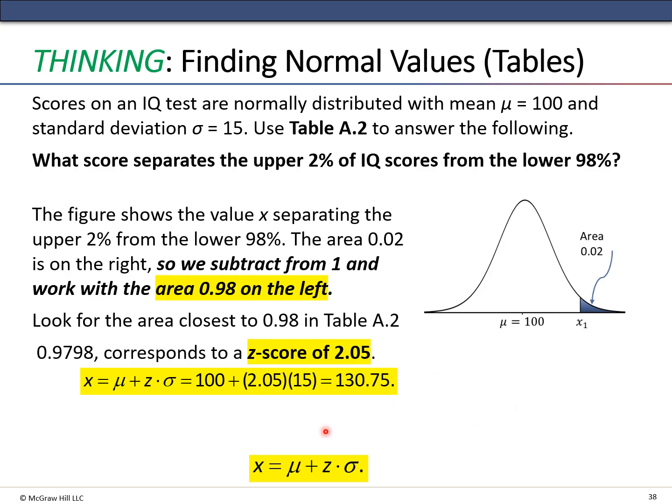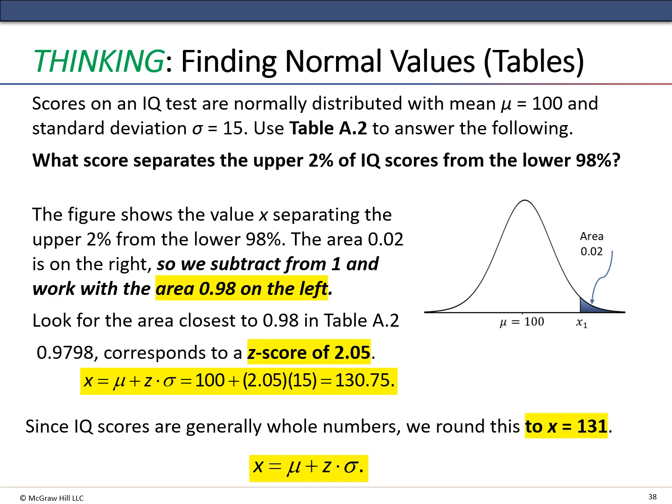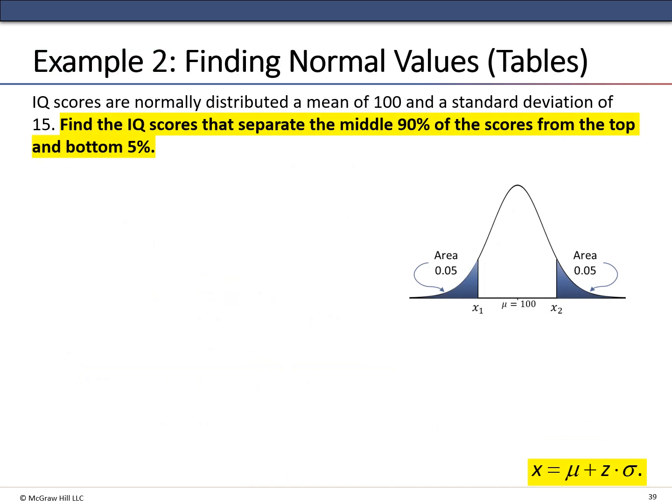And so this corresponds to the score 130.75, which we would round to 131 because IQ scores are not given as decimals. A score of 131 separates the upper 2% and the lower 98%.